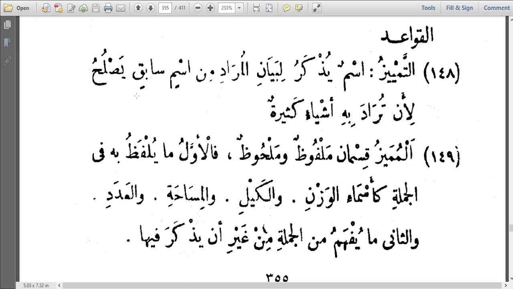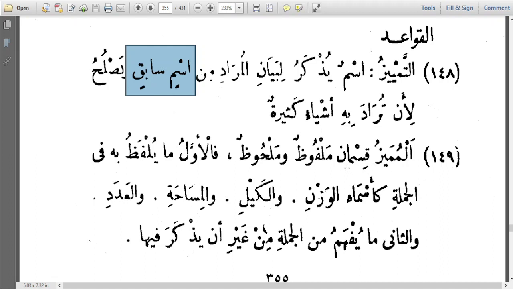And then he says that al-mumayyazu kismani, the mumayyaz is in two types. Mumayyaz, as I've explained, is the vague noun. That is the ism sabiq, and this ism sabiq is the mumayyaz.